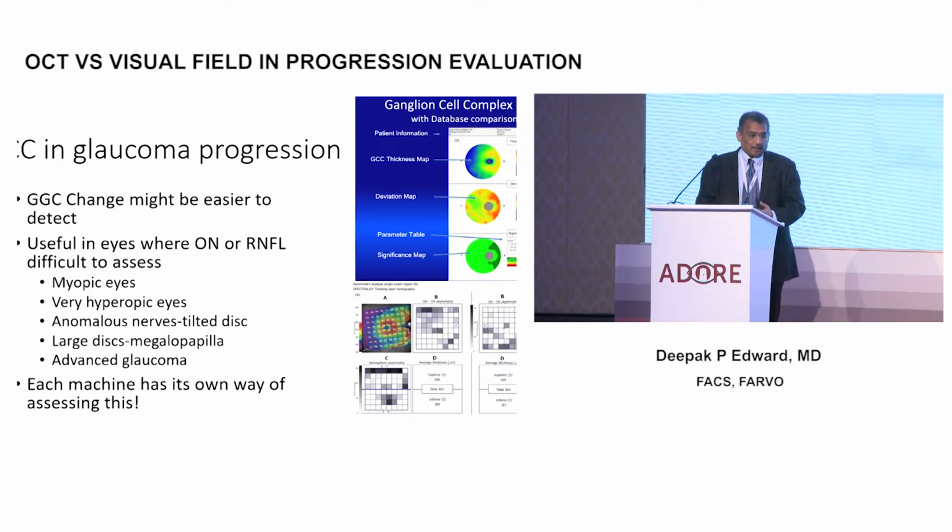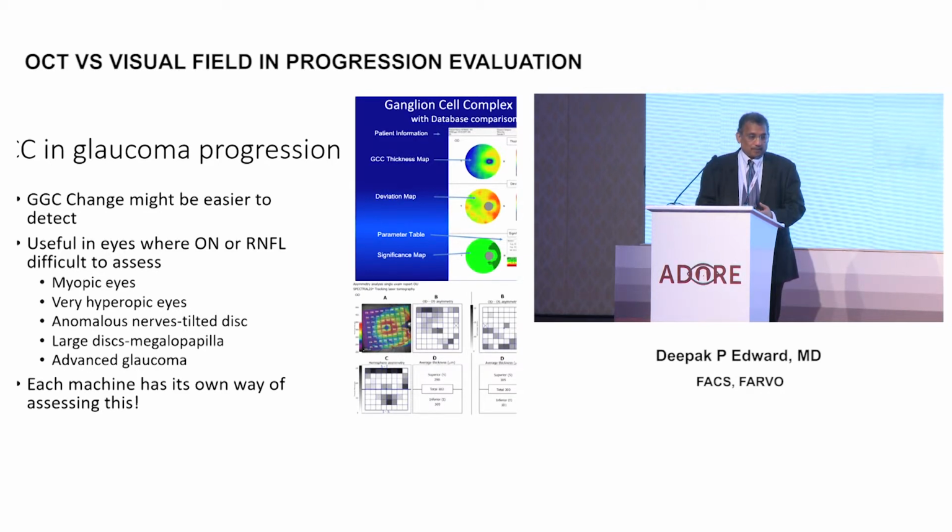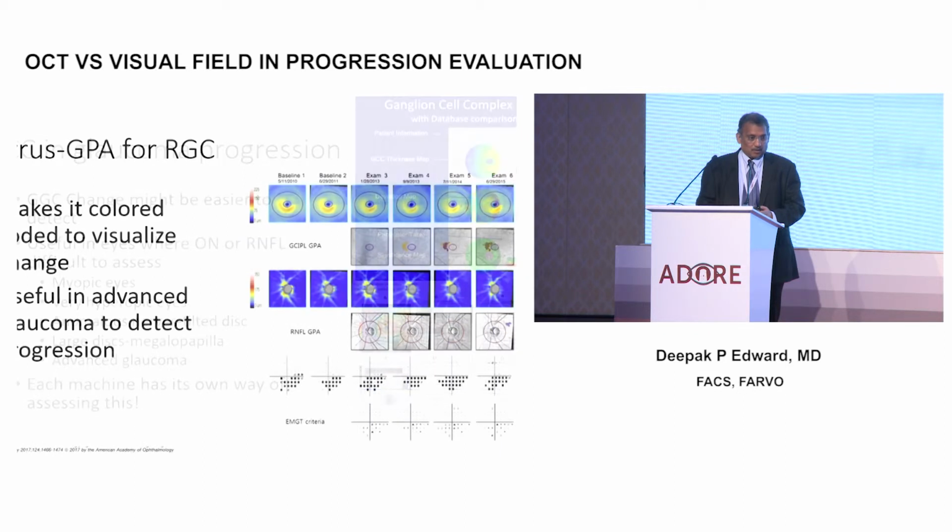Very hyperopic eyes, or eyes with anomalous or tilted discs, where the RNFL measures can be quite abnormal, large discs, patients who have megalopapillae, or patients with advanced glaucoma, this test of ganglion cell layer thickness can be useful. The Cirrus also has a GPA for RGC. It is color-coded, so it is easy to visualize change.